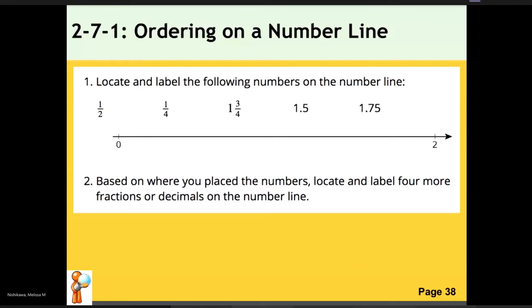Yes, Zoe? You don't see any numbers? Can you see the screen that I'm sharing right now? Okay, so do you see where it has number 1, locate and label the following numbers on the number line?